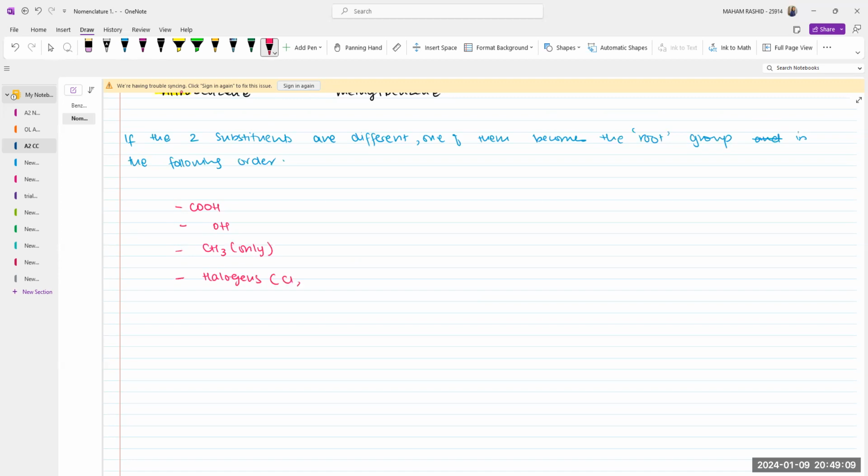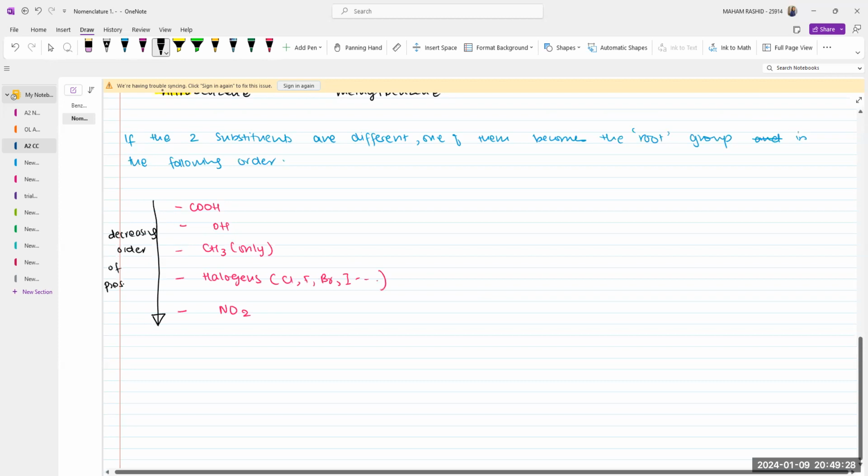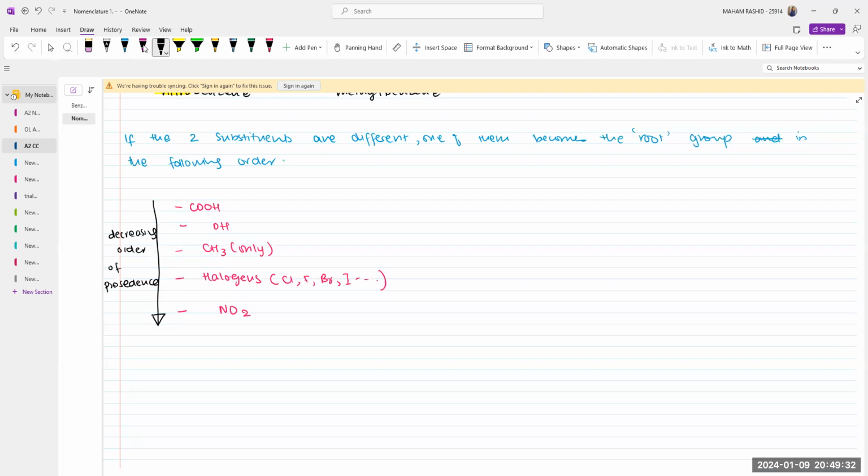Halogens are chlorine, fluorine, bromine, iodine, etc. Then we have the nitro group. This is in decreasing order of precedence. Now let's look at an example.